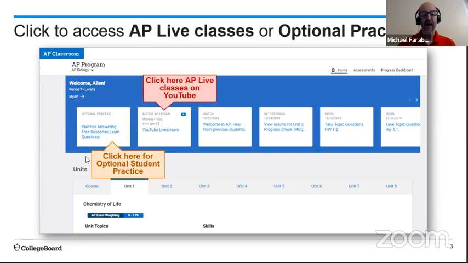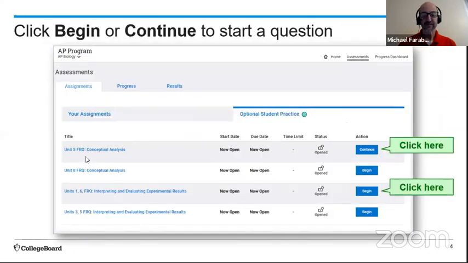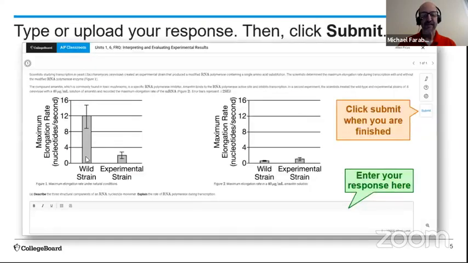If you click on the optional student practice, then you should see a variety of free response questions. And again, they'll be labeled, and you can click on any one of them. So when you click on that particular question to begin the FRQ, the free response question, then you can actually read the question and enter your response in the box.